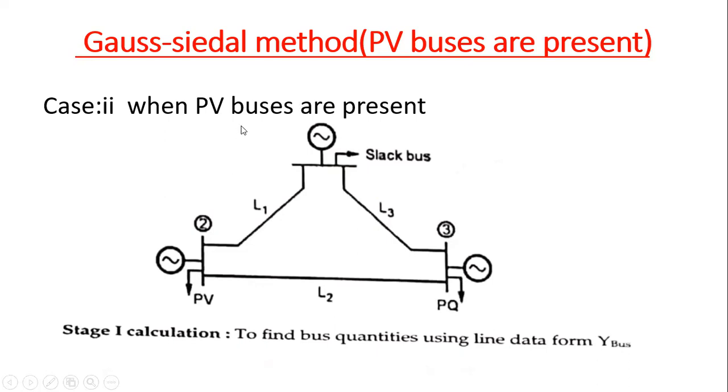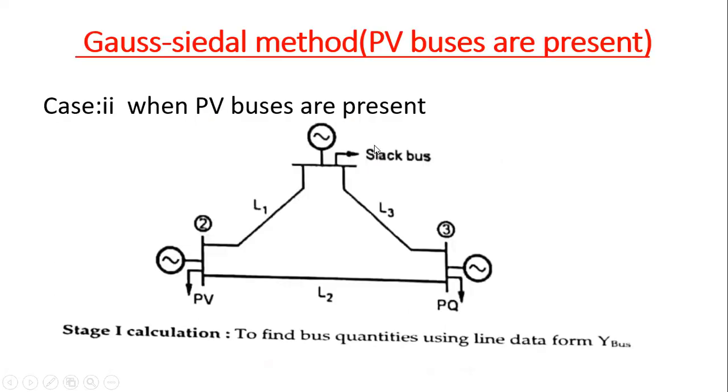But in case 2, when the PV bus is present, bus 2 is taken as PV and bus 3 is taken as PQ. Bus 1 is the reference bus, the slack bus.